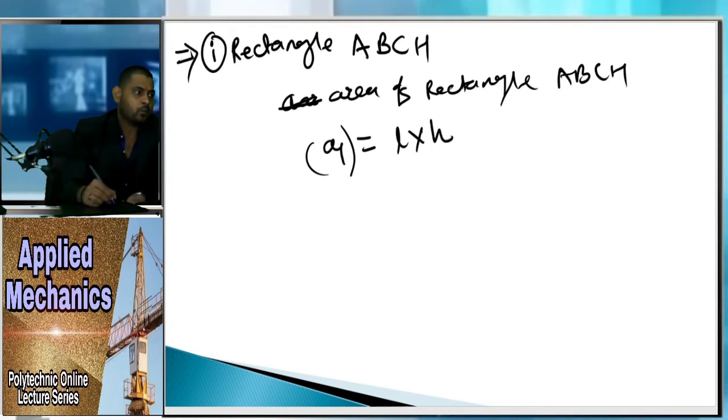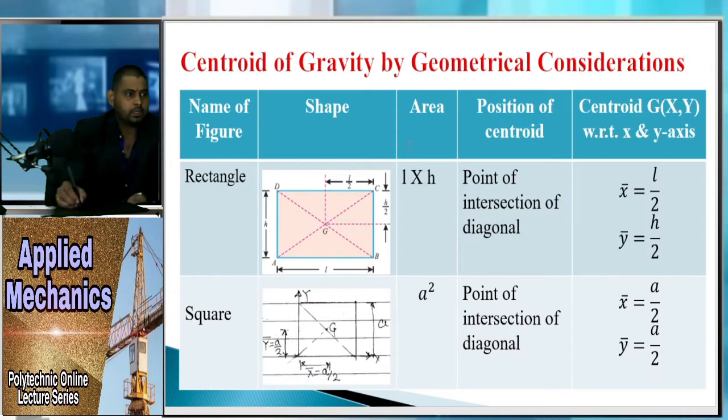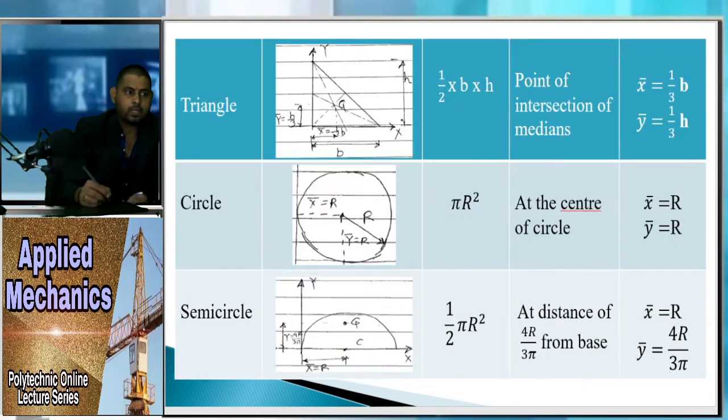This formula is given to you in this table. You can see here the area of a rectangle is L into H, and the center of gravity formula you can take from here. You have to remember this table for solving a number of problems based on it.